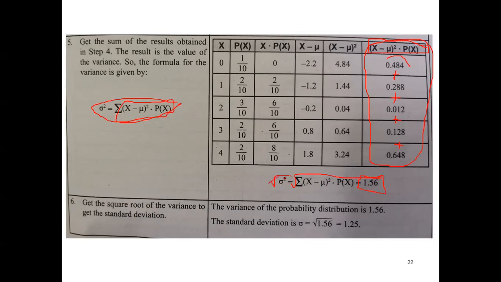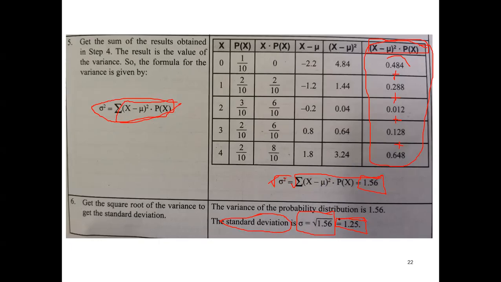So, the square cancels the 2 and we take the square root of 1.56. So, the 2 disappeared. What remains is sigma equal to the square root of 1.56. The square root of 1.56 is equal to 1.25. So, our standard deviation now is 1.25.